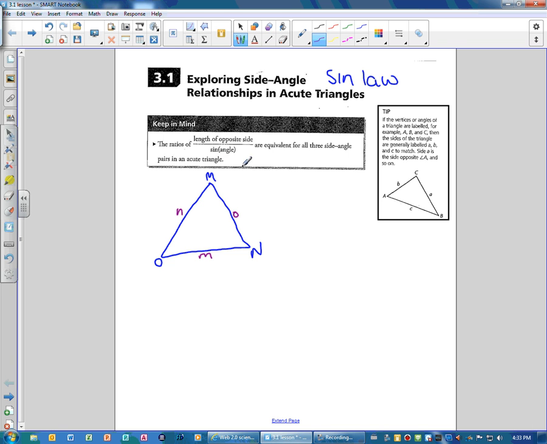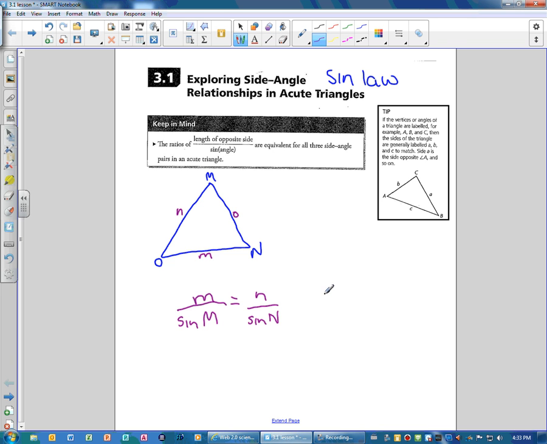So if we go up here to the ratio, it says the ratios of the length of the opposite side divided by the sine of the angle are equivalent for all of the sets. According to this triangle I just made up, I could say that the length of m over the sine of angle M is equal to the length of n over the sine of N. The length of the opposite side divided by the sine of the angle.